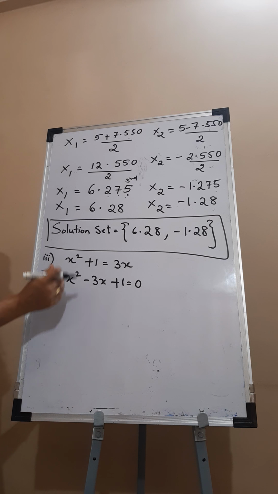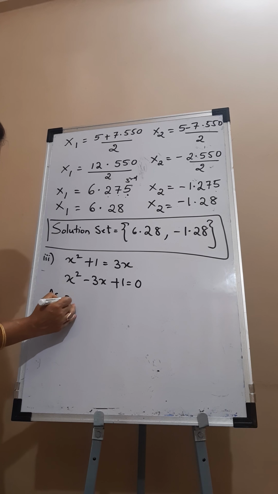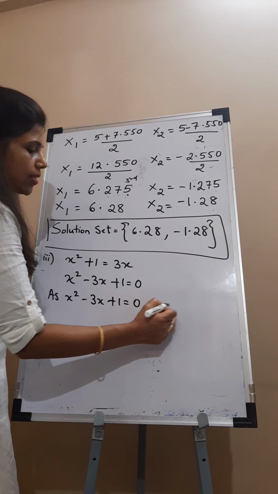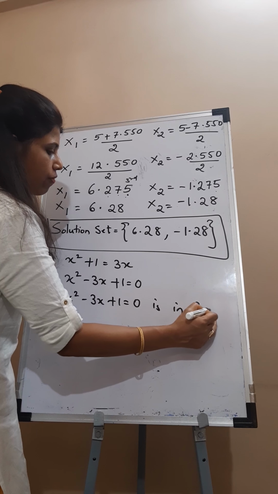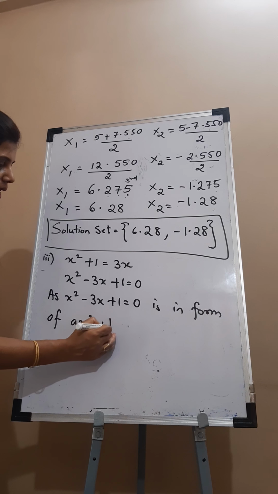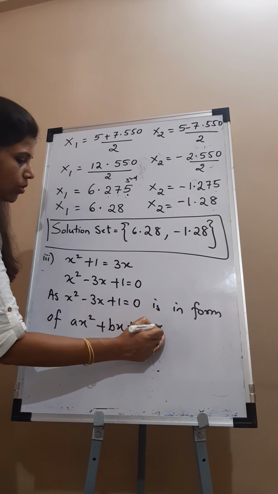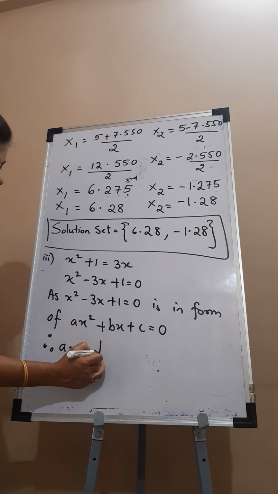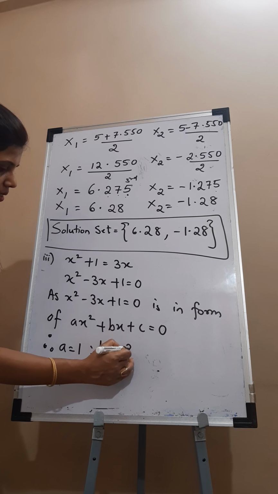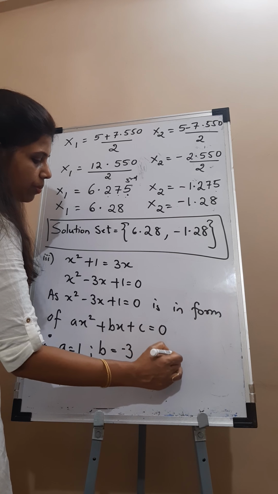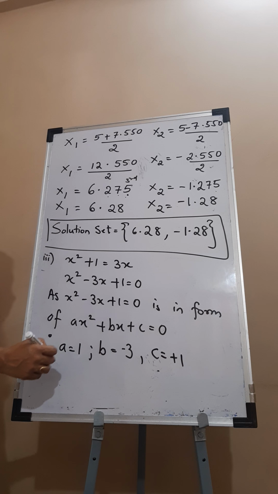Now write it down in the form of the general quadratic equation so you can proceed further. So x square minus 3x plus 1 is equal to 0 is in the form of ax square plus bx plus c is equal to 0. Therefore, a is equal to 1, b is equal to minus 3. You have to consider the sign. c is equal to plus 1. Now you have to find the value of b square minus 4ac.